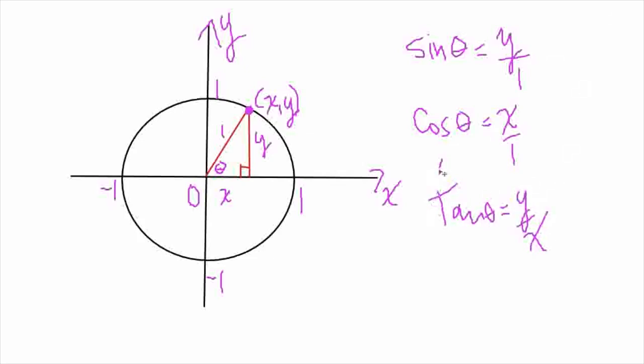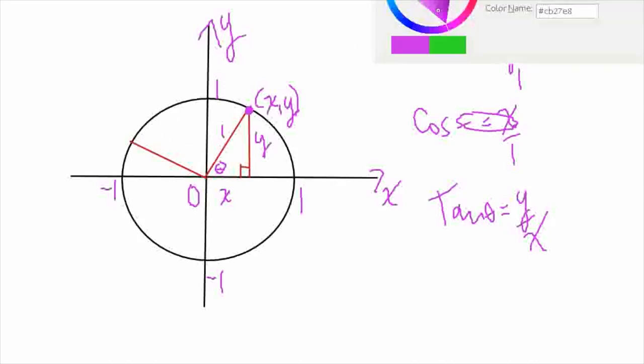All right, and what they did to generalize this is they said, you know what, if it's not in that first quadrant, so even if you have an angle way out here, that's the obtuse one I was talking about, let's give that a different name instead of theta.